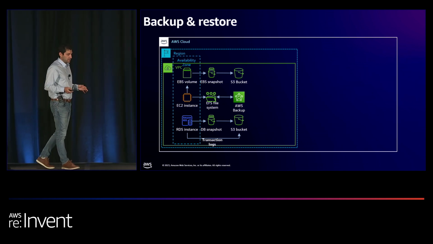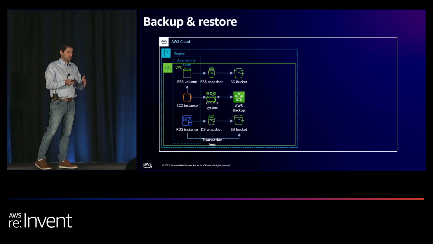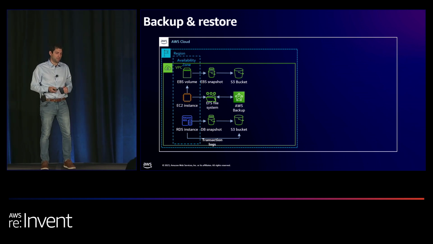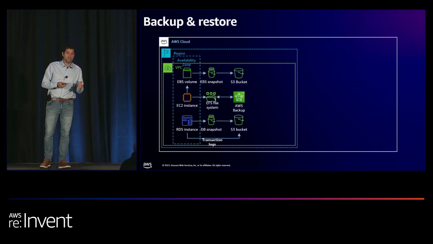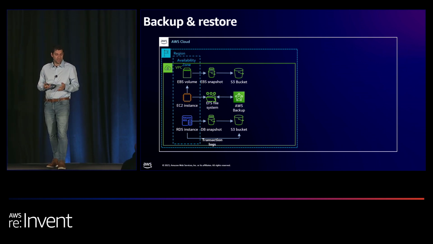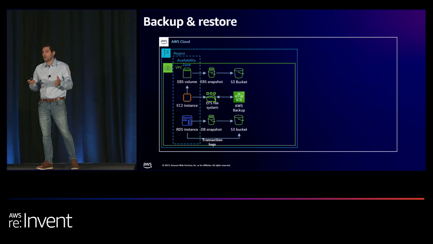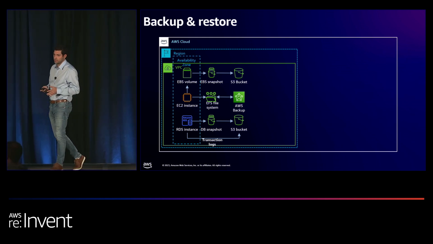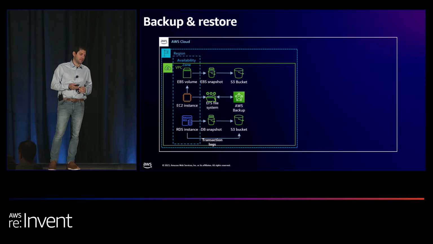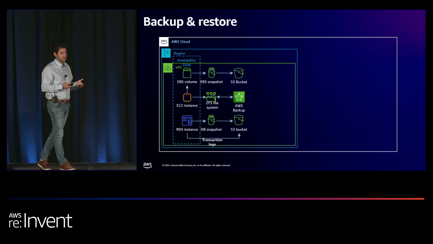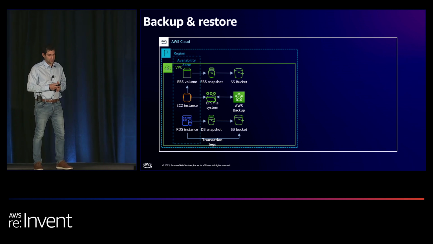In this example, I have my workloads running on AWS in a region, and you can see an EC2 instance with an EBS volume and an RDS instance all running in a single availability zone. We also have an EFS file system that is connected to that EC2 instance.